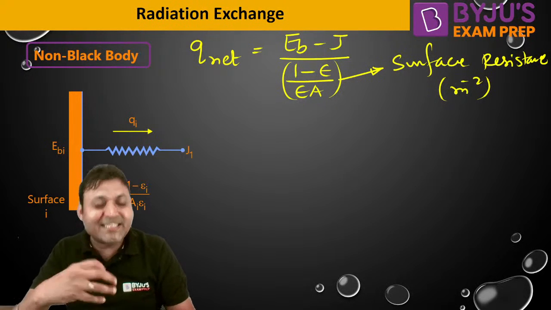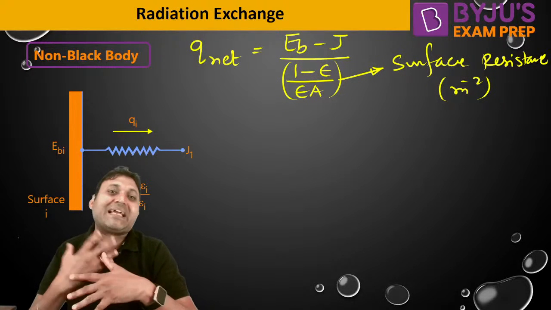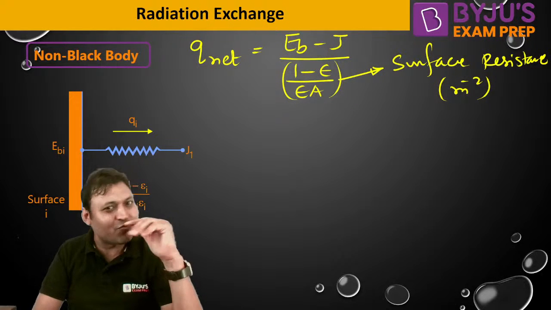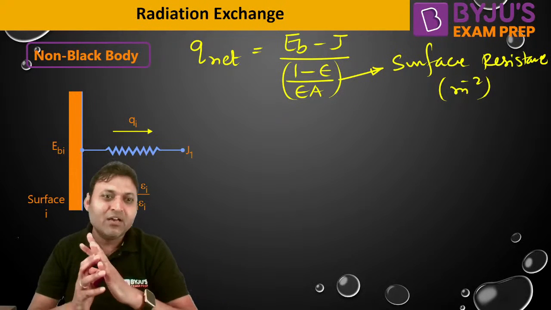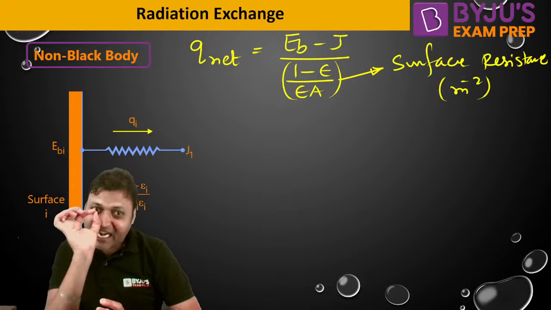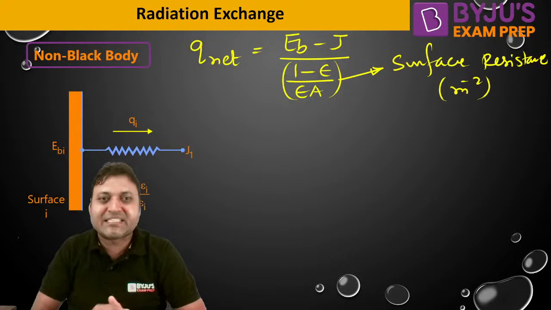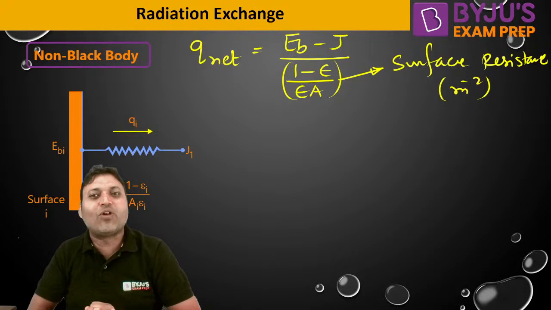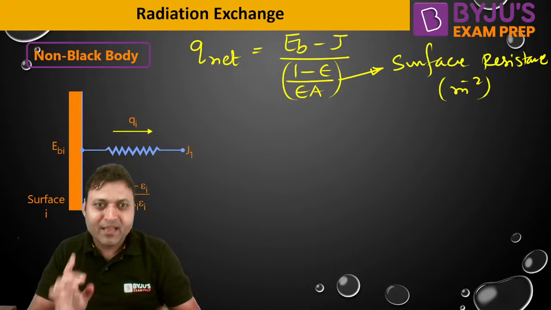Whenever a cover is provided to the black body to make it non-black, a surface resistance comes into the picture, because we are providing an extra cover to make it non-black, and that will provide some thermal resistance to the radiation heat transfer, and that resistance is called surface resistance. Getting my point?